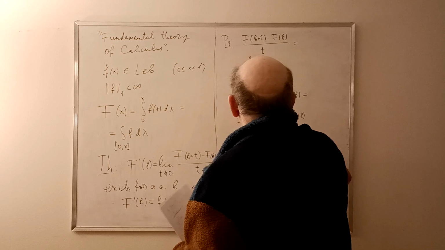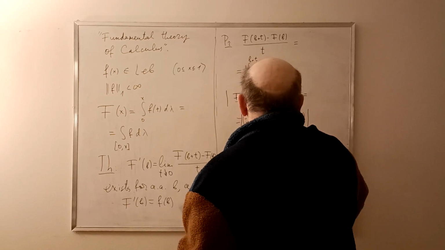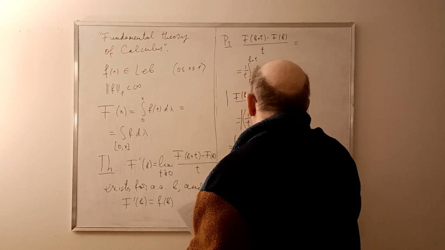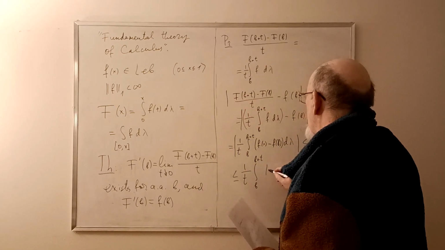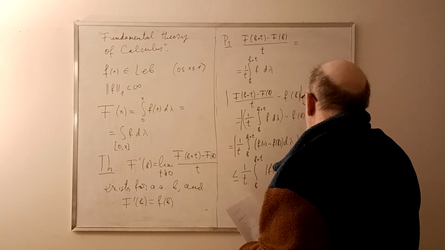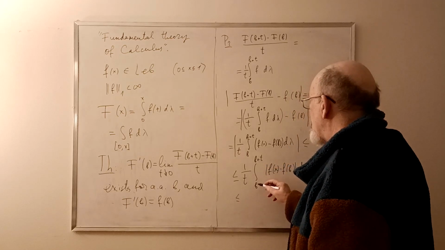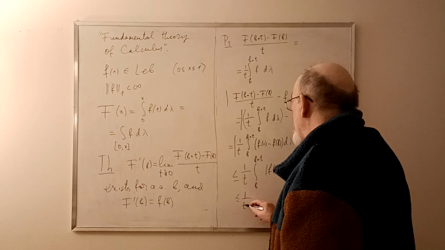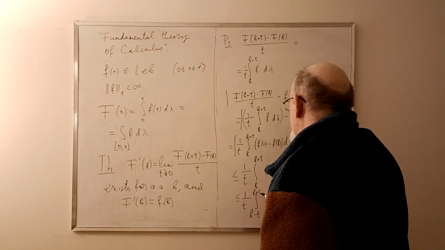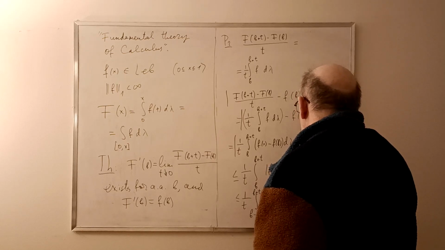Let us put it under the modulus: it is less or equal to 1 over t integral from b to b plus t of modulus of f(x) minus f(b) d lambda, and less or equal to, instead of the integral from b to b plus t, we write 1 over t integral from b minus t to b plus t of modulus of f(x) minus f(b) d lambda.